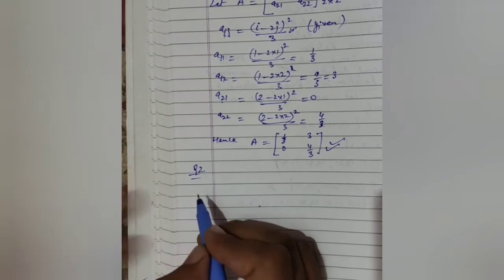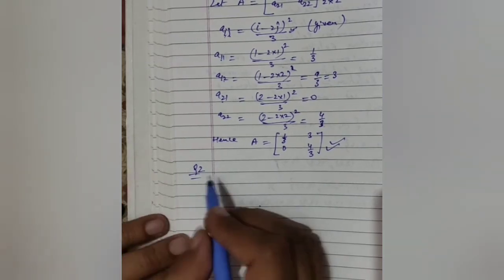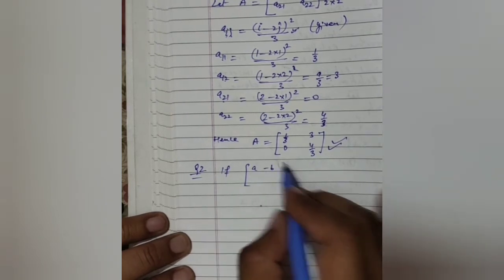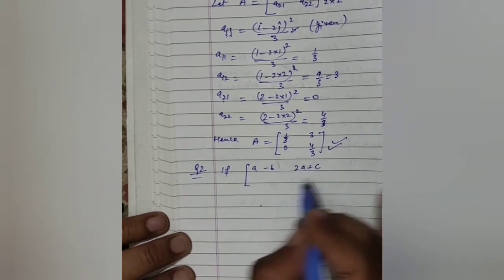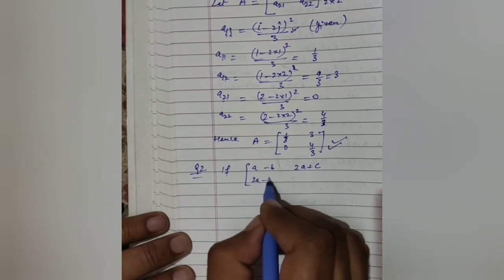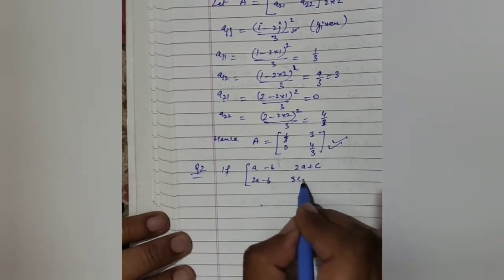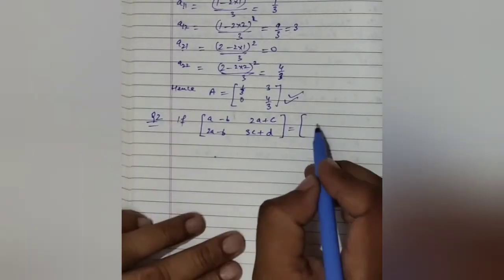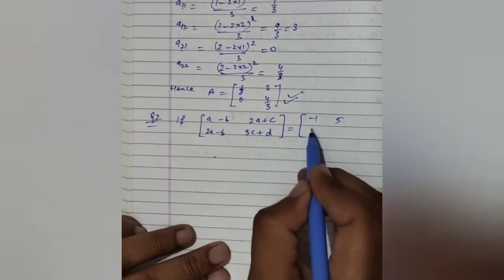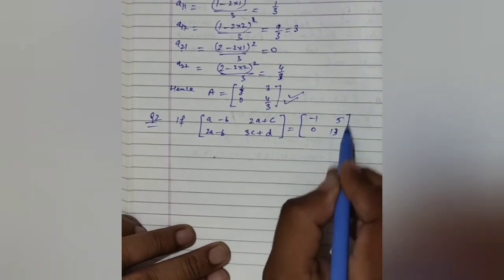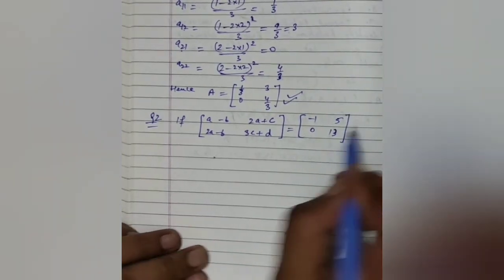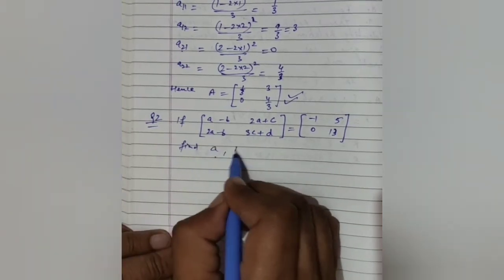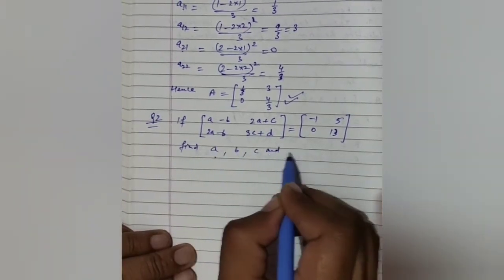Question number 2. If the matrix with entries a minus b, 2a plus c, 2a minus b, 3c plus d is equal to the matrix minus 1, 5, 0, 13, then find the values of a, b, c and d.